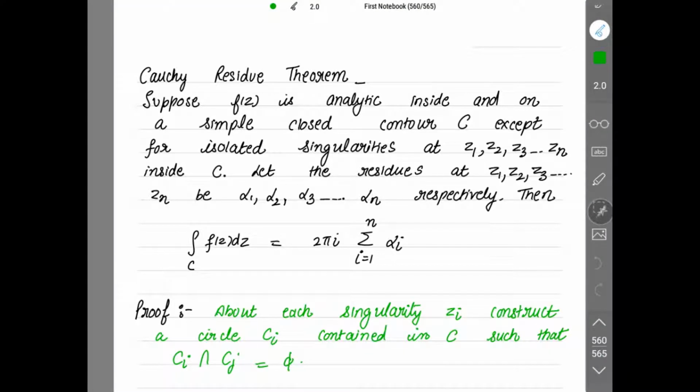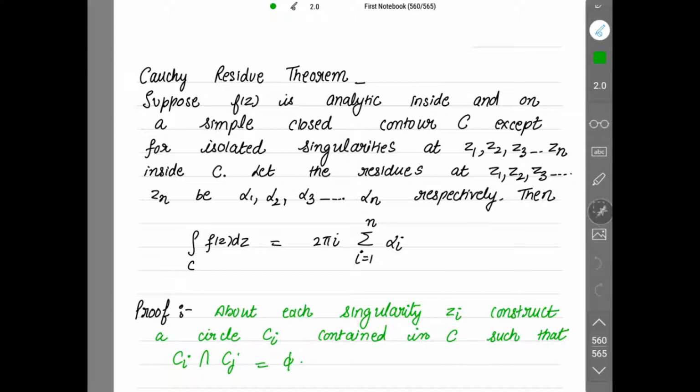What this says: suppose f(z) is analytic inside and on a simple closed contour C, except for isolated singularities at z1, z2, z3, ..., zn inside C. Let the residues at z1, z2, z3, and so on up to zn be alpha 1, alpha 2, alpha 3, up to alpha n respectively.